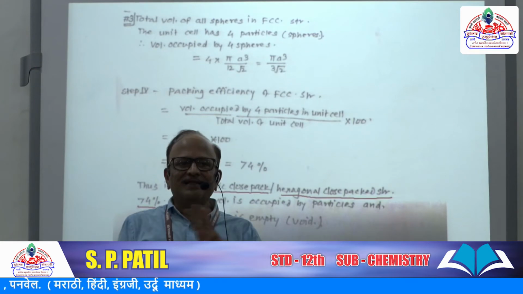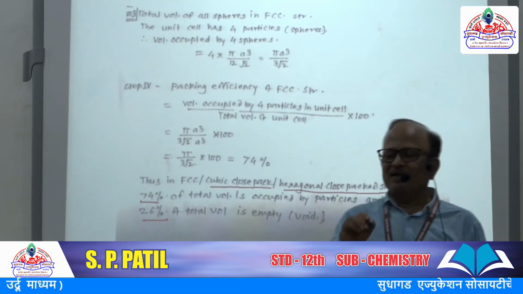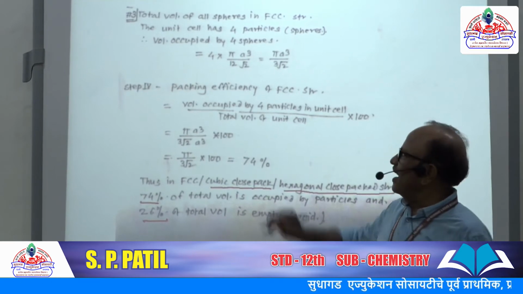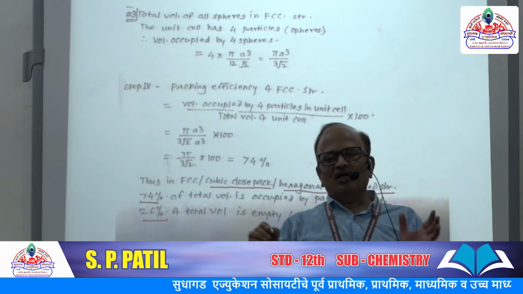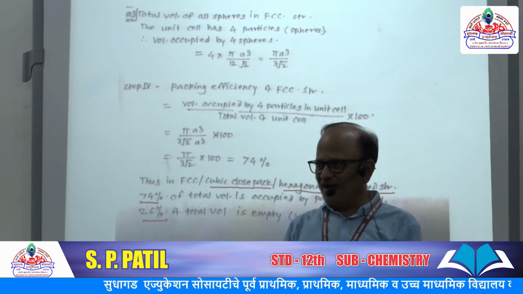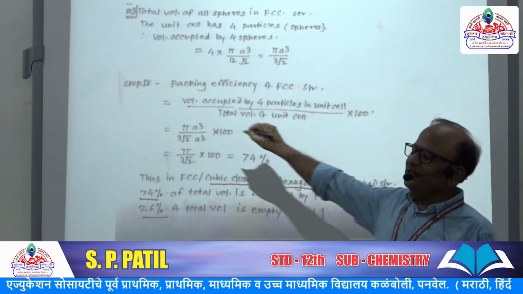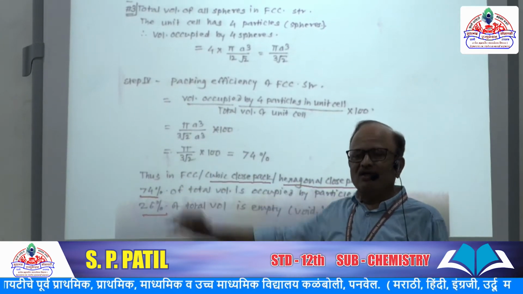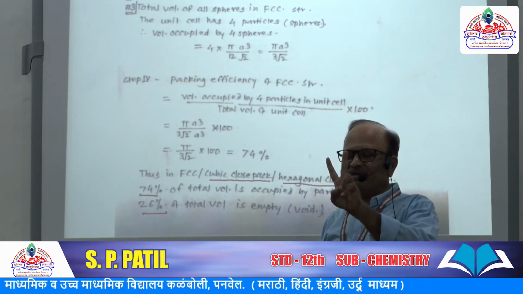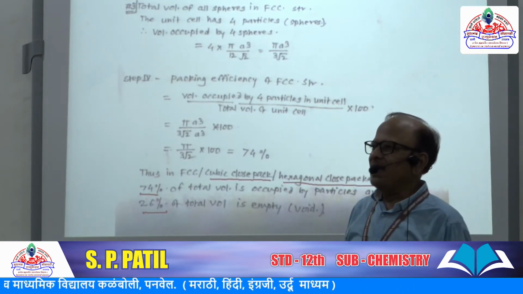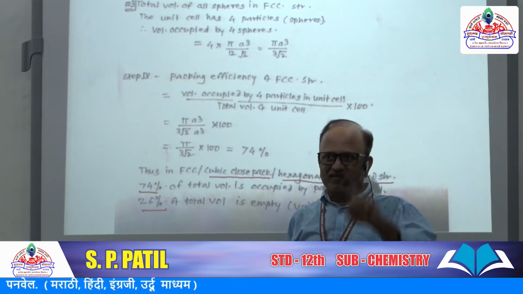So for all these 3 crystal structures, simple cubic, body-centered cubic and face-centered cubic, we have determined the total occupied volume. In the face-centered cubic structure, total 4 particles are there. In body-centered, there are total 2 particles, and in the simple cubic structure, there is only 1 particle.